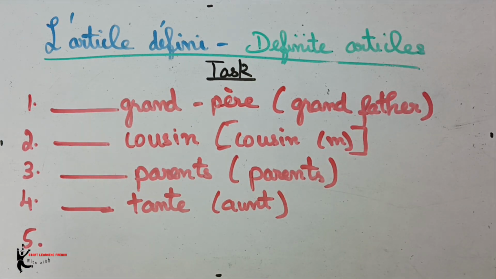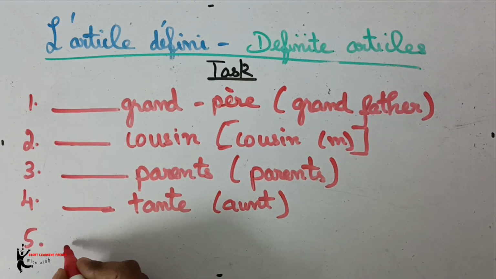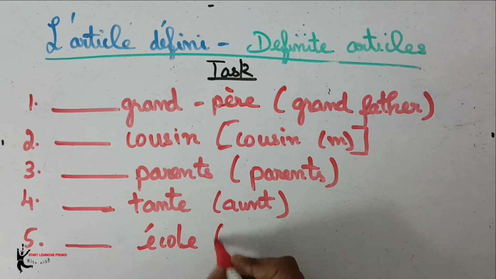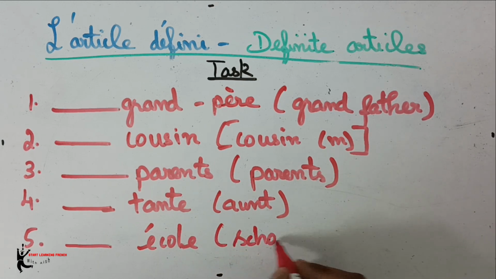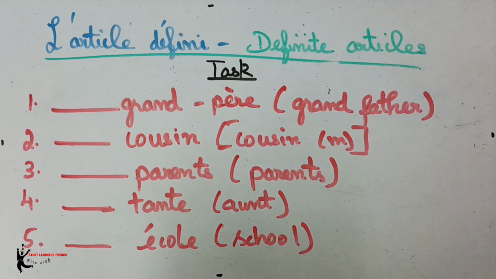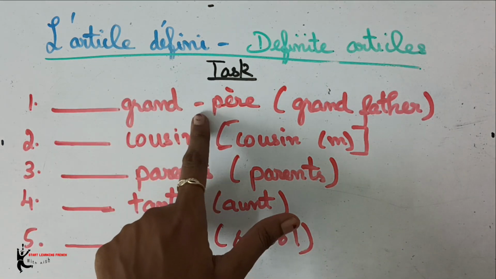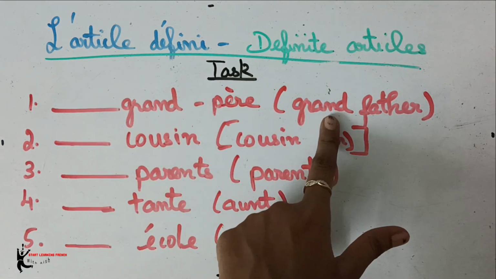And the last one is dash école. École means school. Okay, dears, it's clear. I have given you the task related to article definite. I have given you the French word along with the English meaning.